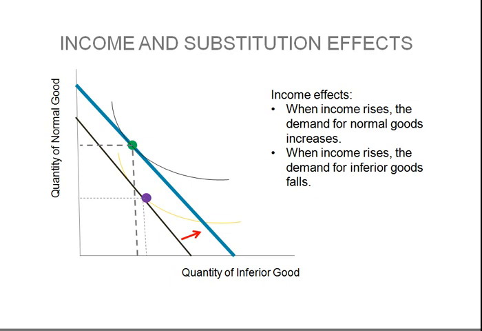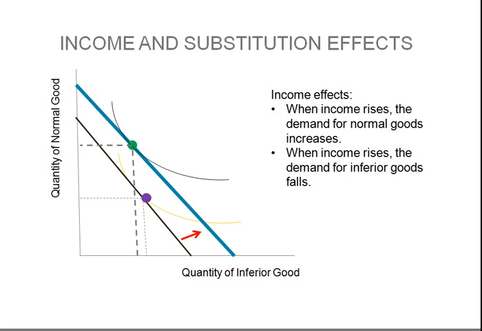Let's see. We have a certain amount of income, so this is our budget constraint. This is the normal good, and this is the inferior good. First of all, we have to see what these two lines show us. This is our original budget constraint. When the income increases, we have an upward shift in the budget constraint.